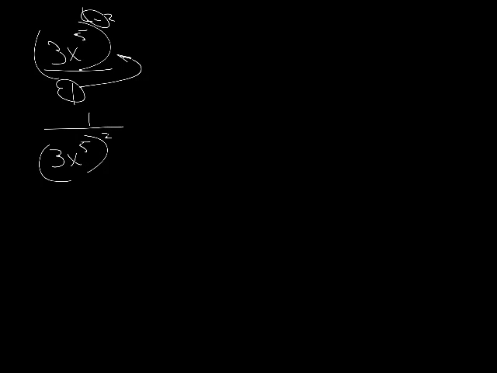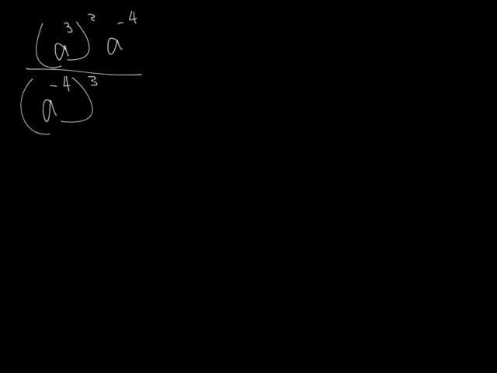Don't get the idea that we're just inverting it or flipping it over, because that's not what's happening. You can get into a lot of mistakes if you start doing that. I had a math teacher friend of mine that taught their students to do that, and it made some real problems there. Okay, so 3 squared is 9. X to the 5th squared is x to the 10th, and we're good to go.